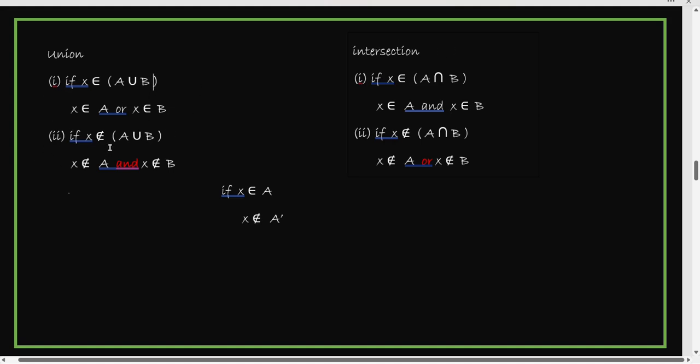And this is very important: if x does not belong to A union B, then x does not belong to A and x does not belong to B. Remember this. And if x does not belong to A intersection B, then x does not belong to A or x does not belong to B. This is the one. And this final result is obvious.